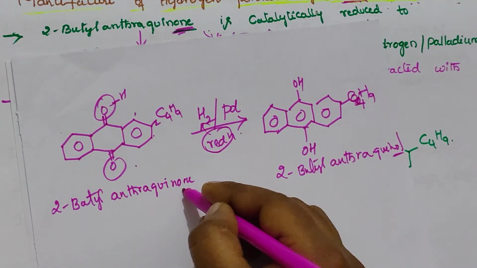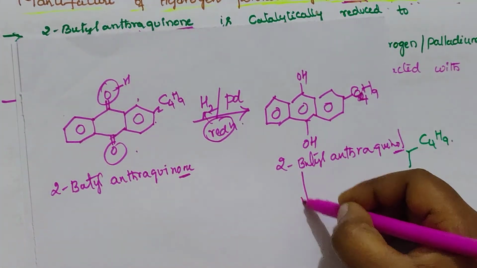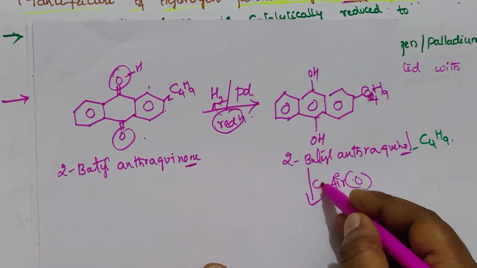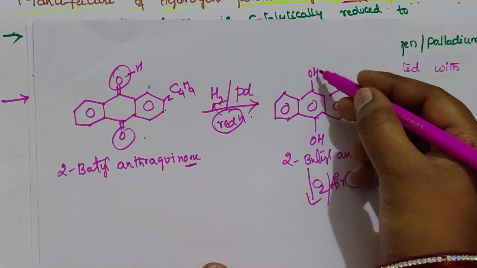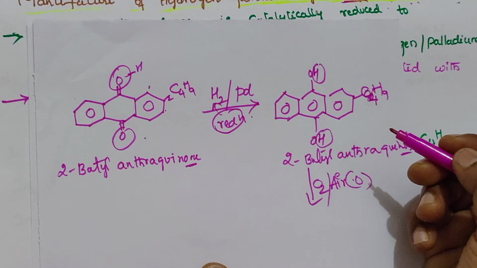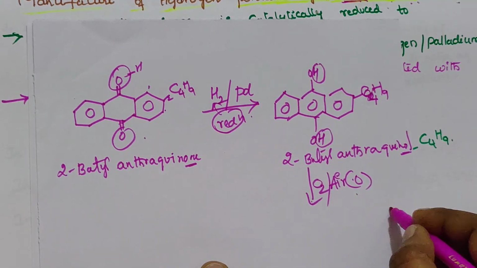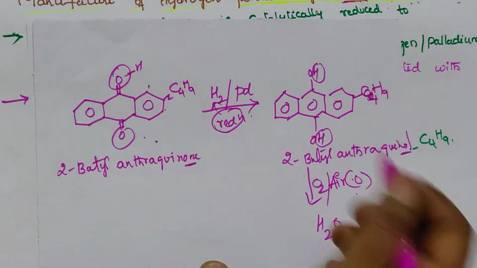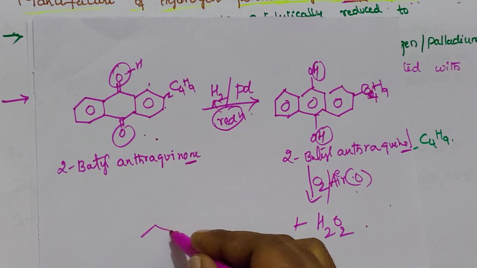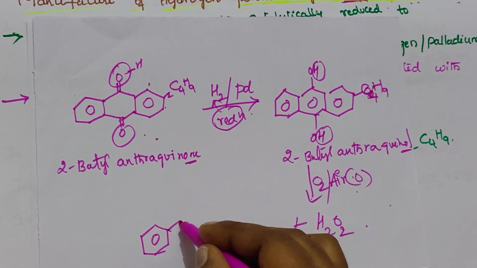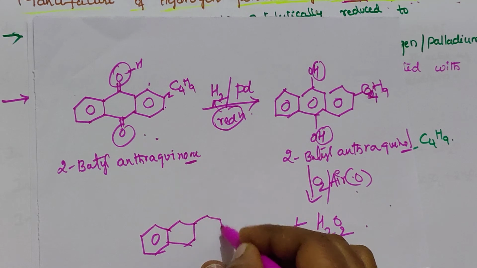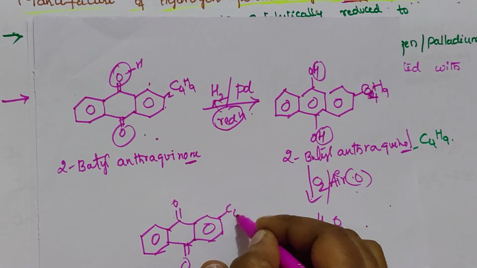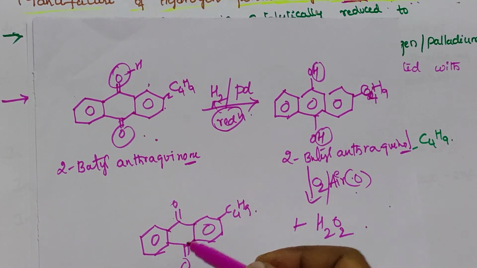Quinol has an alcohol group, whereas the quinone has a ketone group, and it is oxidized by air. When oxidized by air, the hydrogens are removed to form H2O2. On removal of H2O2, the original structure is formed again, 2-butyl anthraquinone.